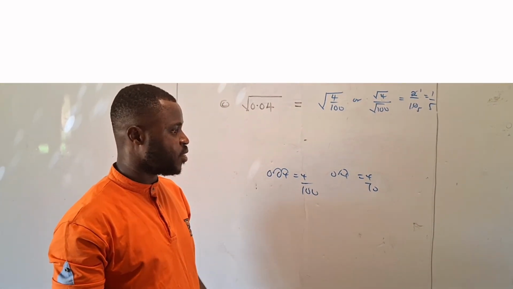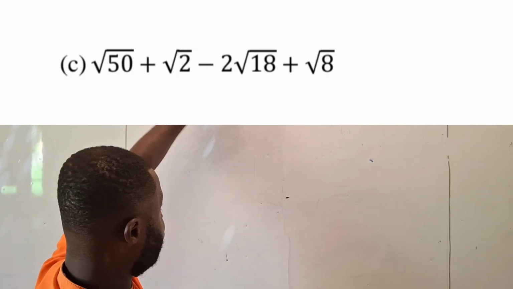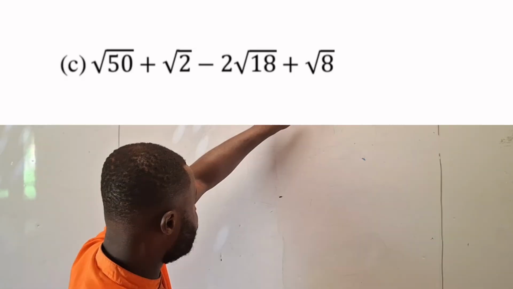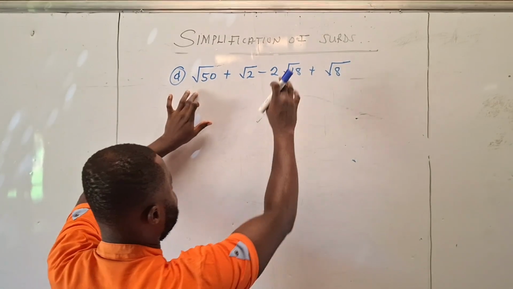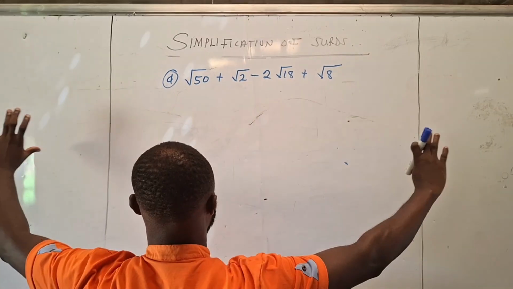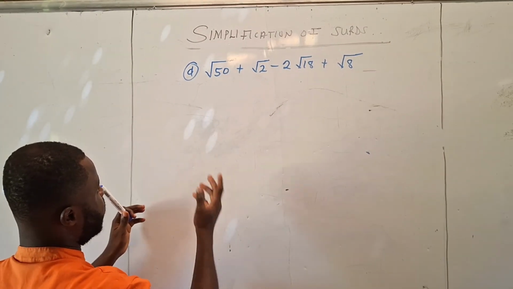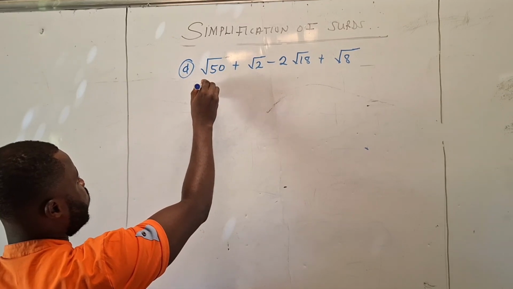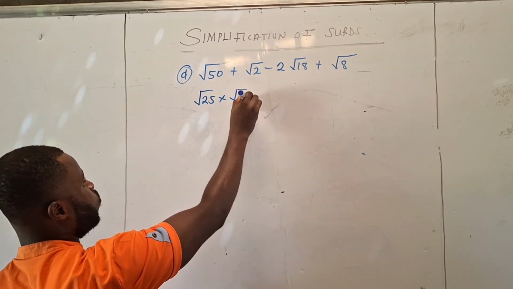Let's take another question. In this question, we have to simplify root 50 plus root 2 minus 2 root 18 plus root 8. Now because of these figures here, root 50, root 18, root 8, we have to simplify them. We have to break them to simple sets that we can solve. Now the two numbers for 50, you have root 25 times root 2.